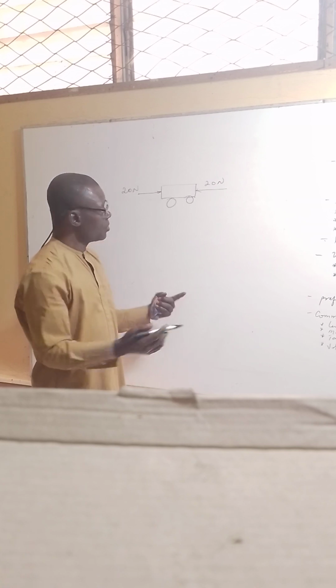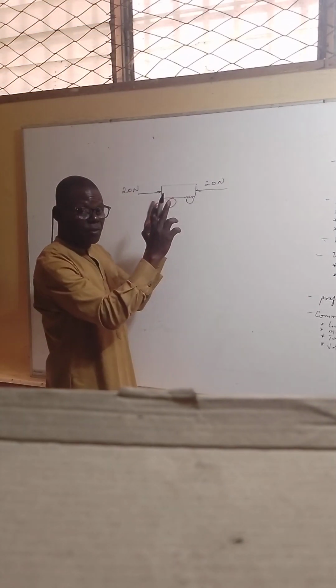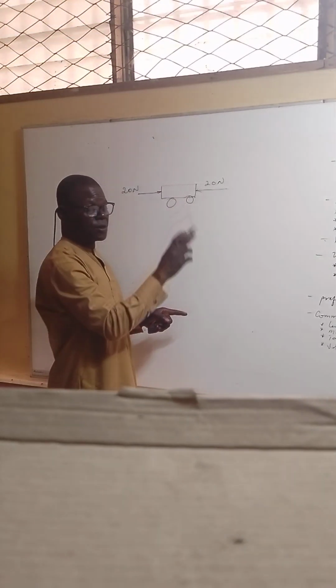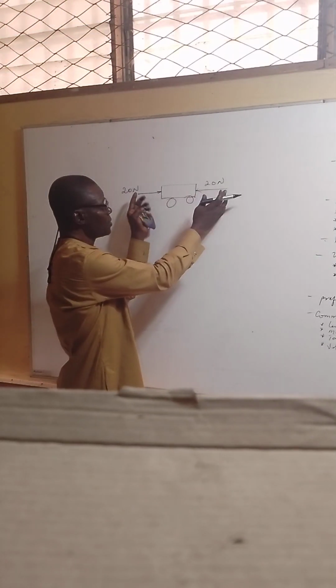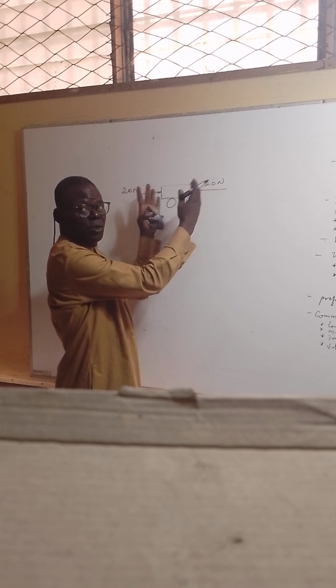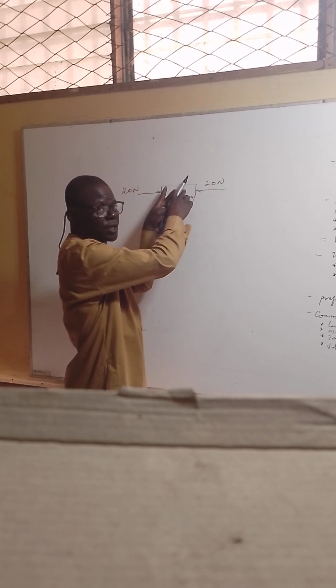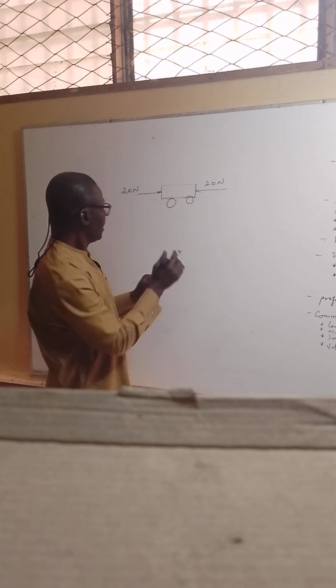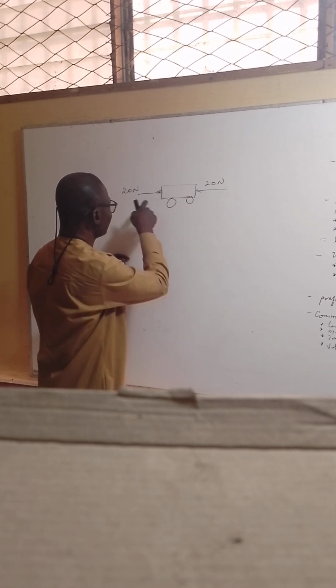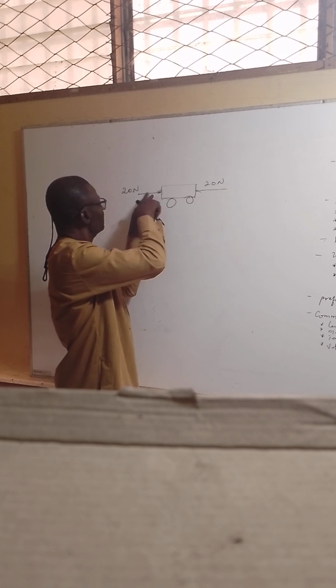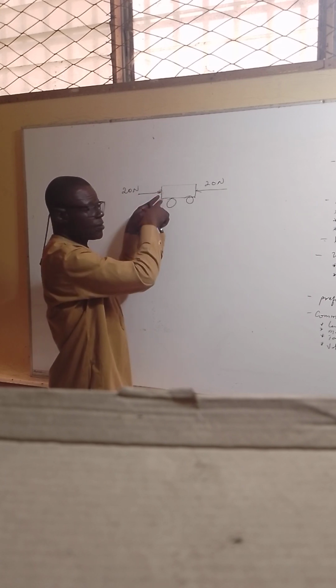Why do they cancel? The simple reason is that the two forces in this case are acting on the same body, which is the car. But then, at this point here, there is an action force of 20 Newton on this side of the car.